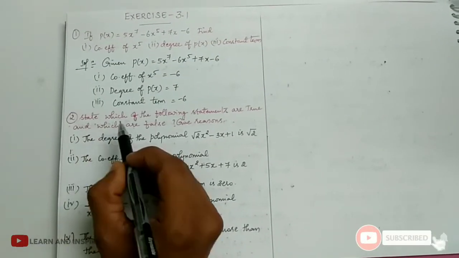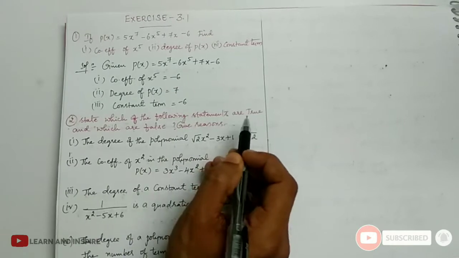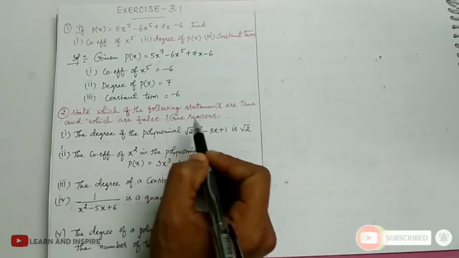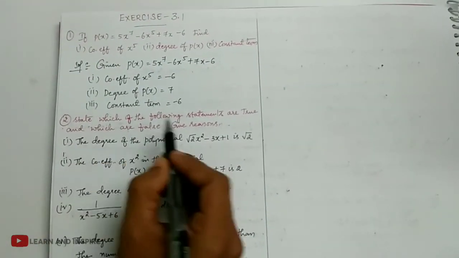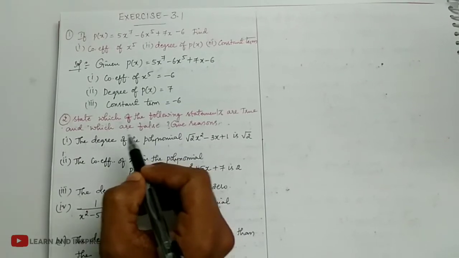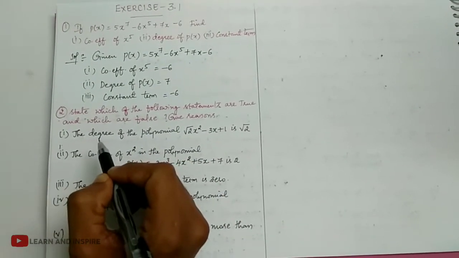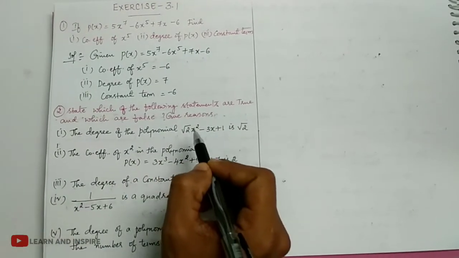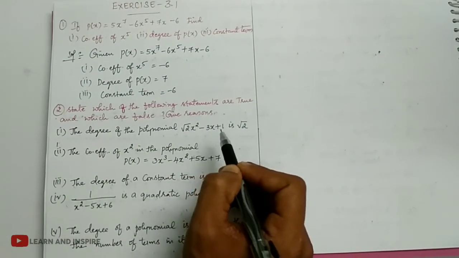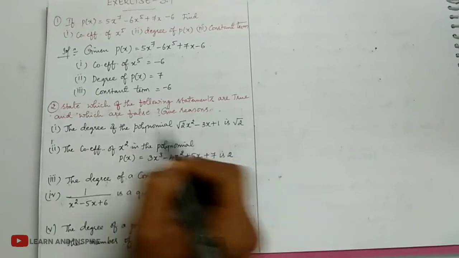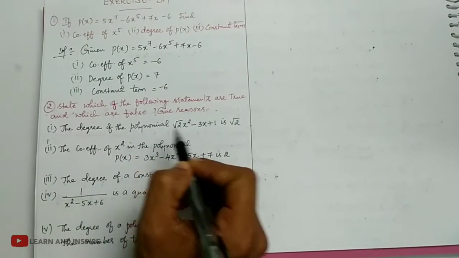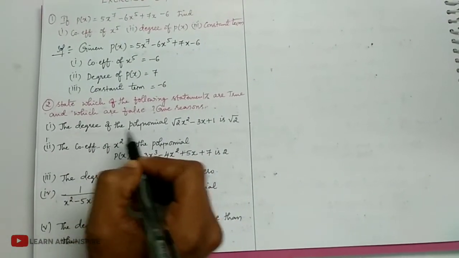Next, question number 2. State which of the following statements are true and which are false. Give reasons. From the given statement we have to check whether it is true or false. The first one: the degree of the polynomial root 2 x square minus 3x plus 1 is root 2. The polynomial is given, so we have to identify the degree.